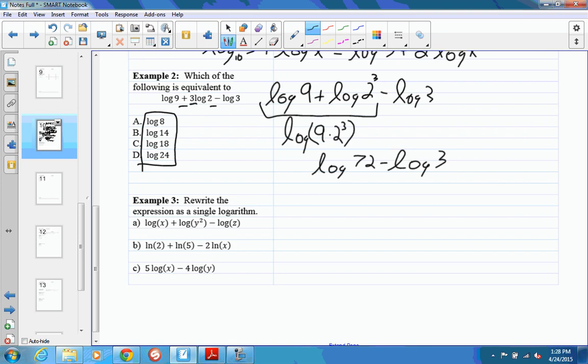Because they're both powers. What's happening with my logs? Are they being added, subtracted? What am I doing with them? Quotient. I can't read my handwriting. That's a problem, I can't help. They're being subtracted, right? So I'm going to use the quotient property. So I want to rewrite this as one log. What is that log going to be? Use your quotient property. Yeah, I don't know. You multiply the log.